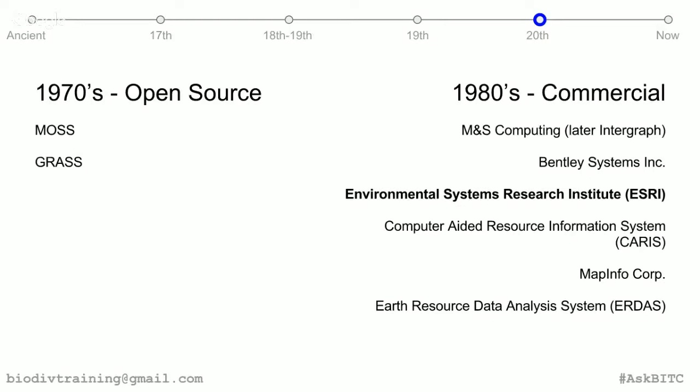While during the 80s, it's the time for the commercial and closed source enterprises. Among others, 1982 saw the birth of the Environmental Systems Research Institute, Esri, which are the creators of ArcGIS.